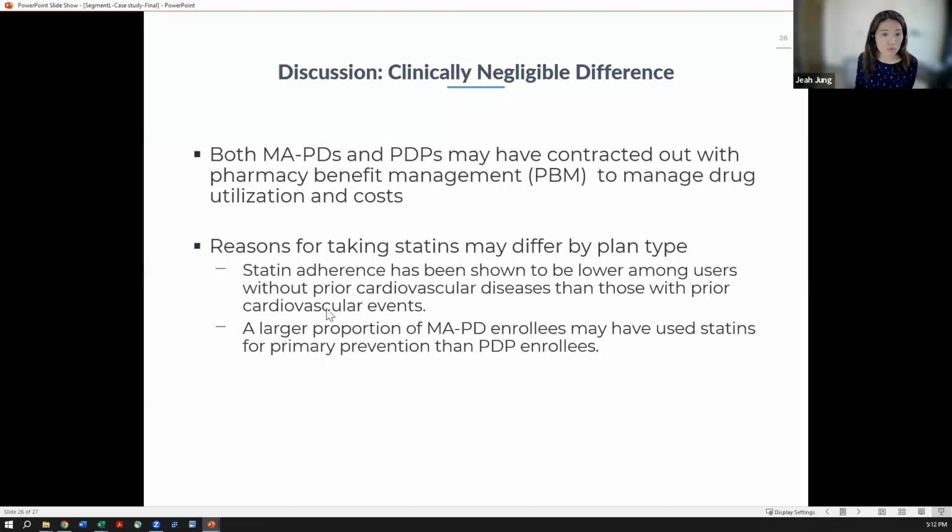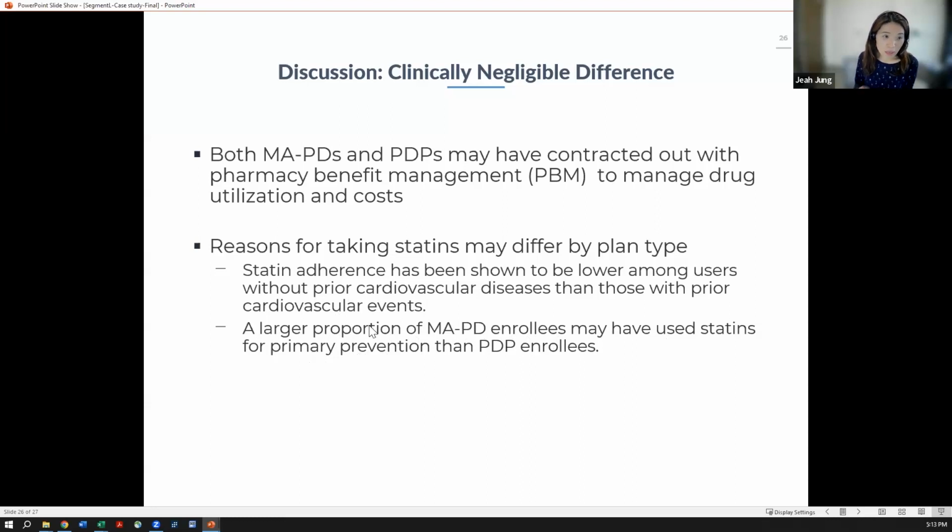So the reasons for taking statins may be different. If a larger proportion of MAPD enrollees took statins for primary prevention, before they develop any cardiovascular disease, then they might not have really high statin adherence. I expected the statin adherence would be much higher in MAPDs, but why are they taking them?